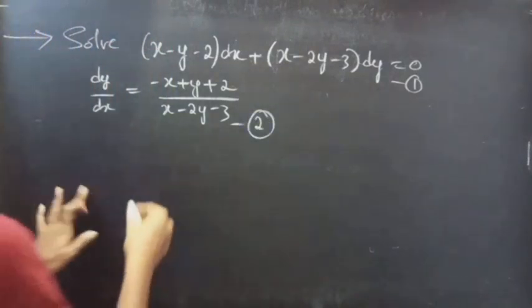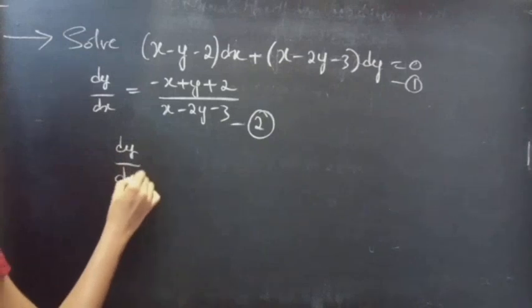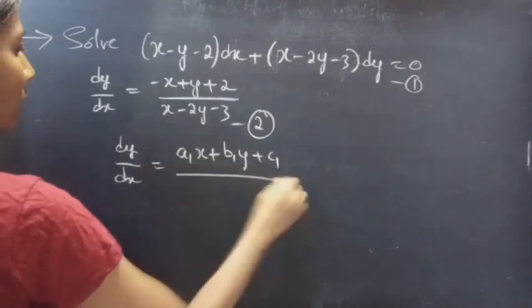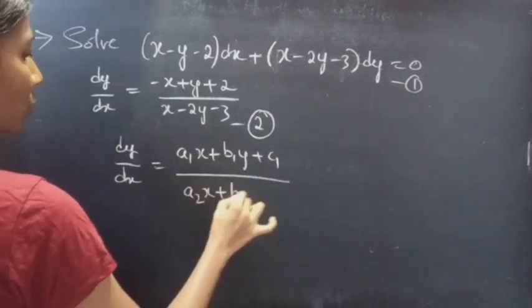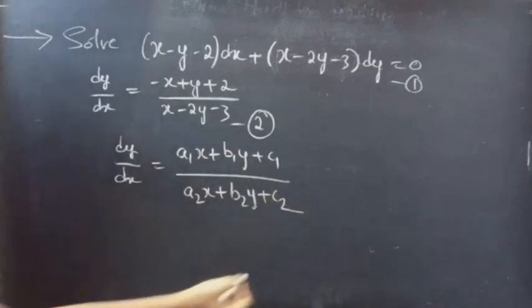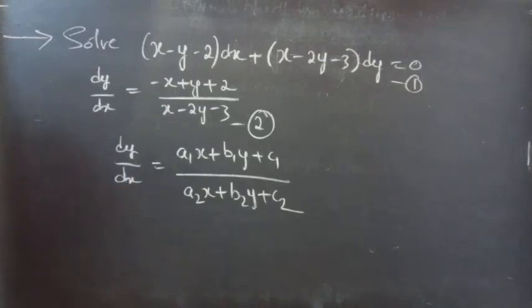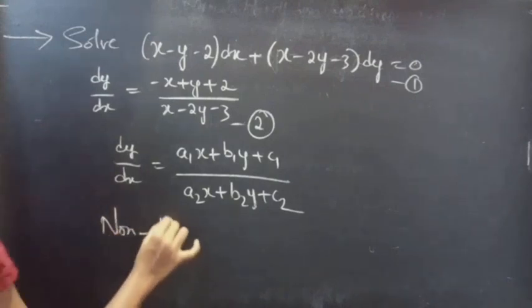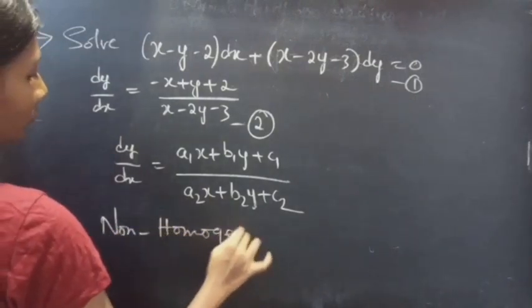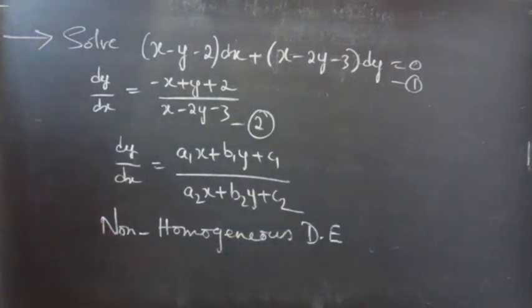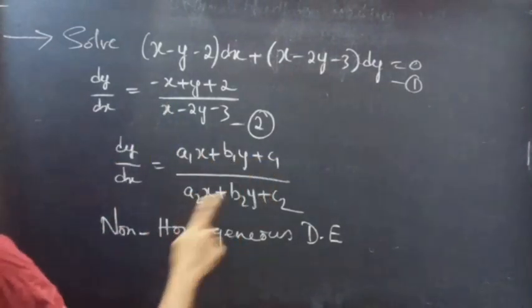Fine. Which is in dy by dx equals (a1x + b1y + c1) by (a2x + b2y + c2) form. That is, the given equation is in non-homogeneous differential equation form. Now by comparing these two, we'll get the values of a1, b1, c1, a2, b2, c2.